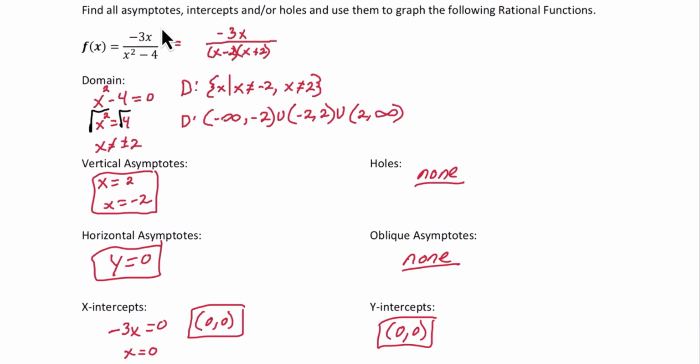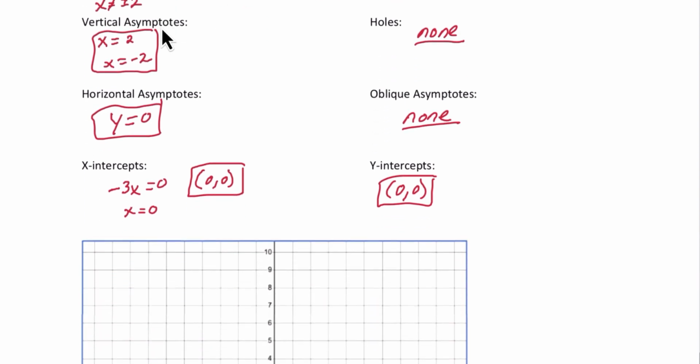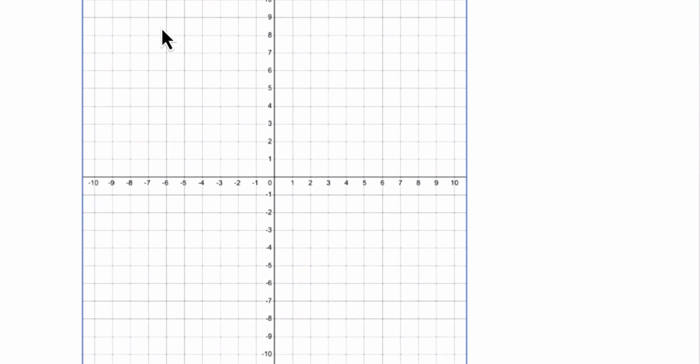Let's put all of this together on the graph. We have vertical asymptotes at 2 and negative 2, and then the x-axis. So 2 is a vertical asymptote and negative 2 is a vertical asymptote.